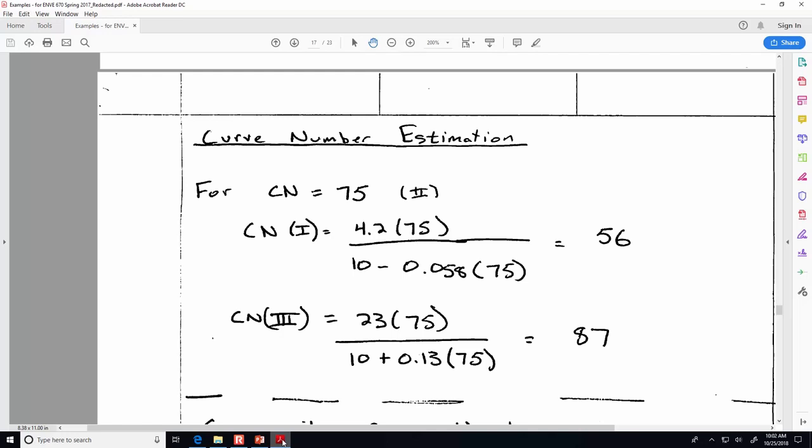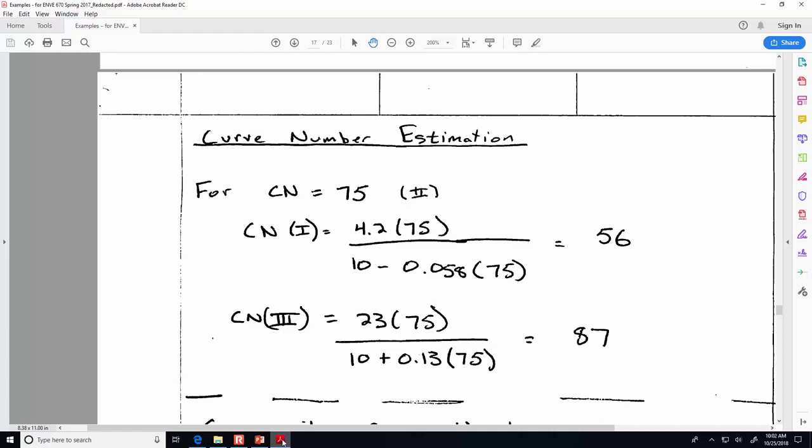For example, with the curve number CN of 87, S, where S is 1,000 divided by the curve number, minus 10, the storage for 87 is 1.494 inches of storage, and for CN of 56, the soil has a maximum storage potential of 7.86 inches.